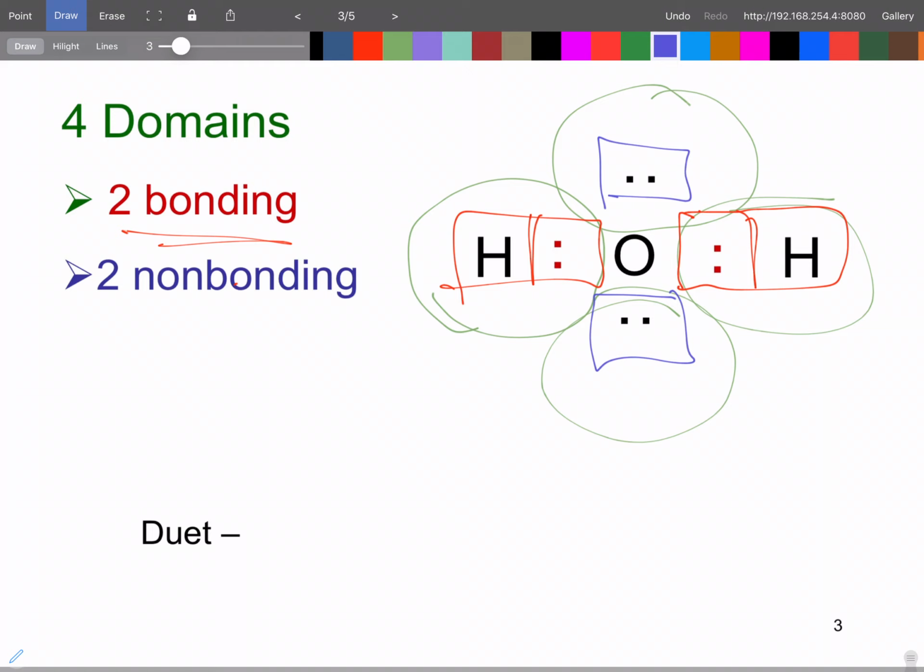So they're lone pairs that are associated with a particular atom, usually the central atom. Not always, but when you're looking at them for shapes and stuff, you only look at the central atom. But these are the ones that aren't involved in bonding. Now remember, there are still duets. Duets are the pair of electrons that complete the shell for hydrogen and helium only.